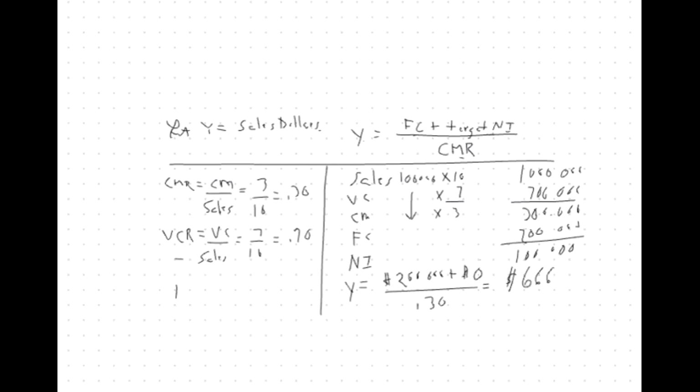So the Y formula will give you your answer in dollars. And in this problem, the manager wants the answer in dollars. So we use the Y formula to get the sales dollars. If the manager wants the answer in units, we use the X formula, which will give you your answer in units.